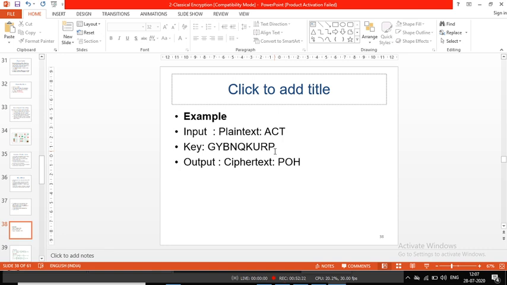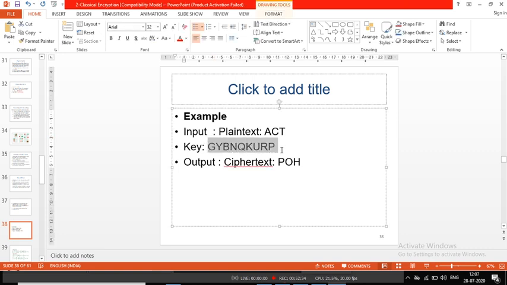You may have a doubt: sir, you told us the key should be in matrix format, but here it is alphabetical. So you want to write the matrix by using these alphabets. The steps to write the matrix: GYB is in the first row, NQK is in the second row, URP is in the third row.